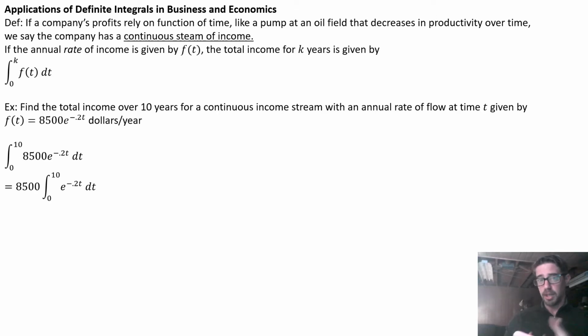But let's actually do it. If we let u equal our little function of t up there, then du is just negative 0.2 dt, right? It's just the derivative of negative 0.2t. Divide by that negative 0.2, so it's negative 1 over 0.2 du equals dt.